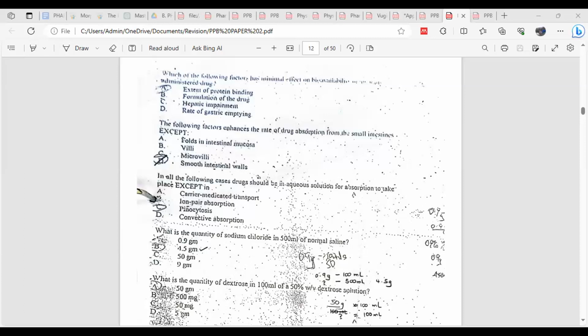Doc, kwanza ni pinocytosis whereby the cell pinches off the fluid in hiyo liquid iko hapo. So if the drug is in solution form na iko hapo, itapinchiwa iingie ndani ya cell. So unasema it's not a nini?